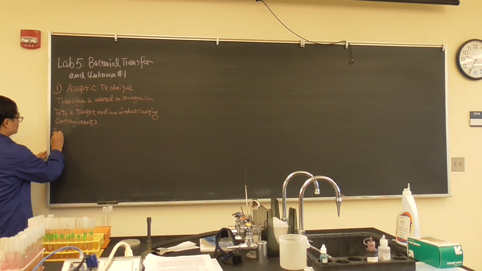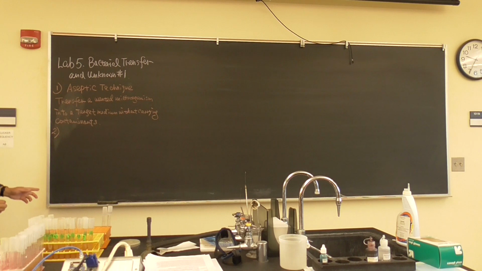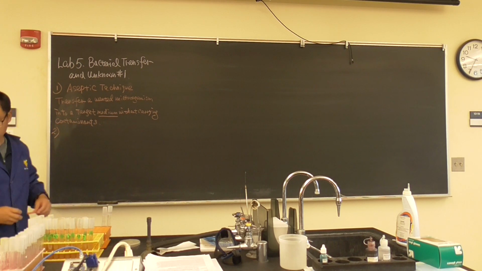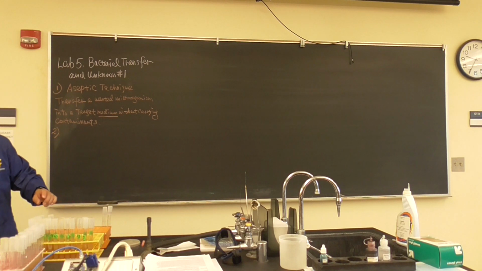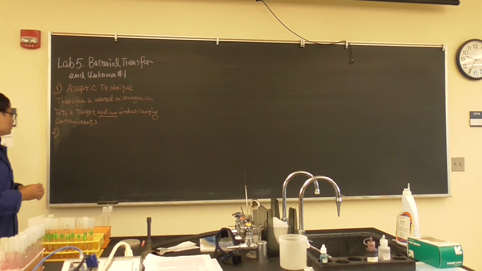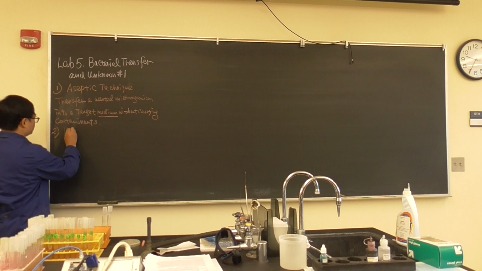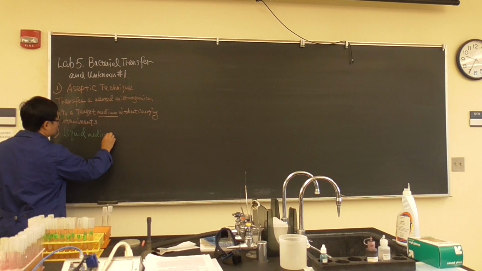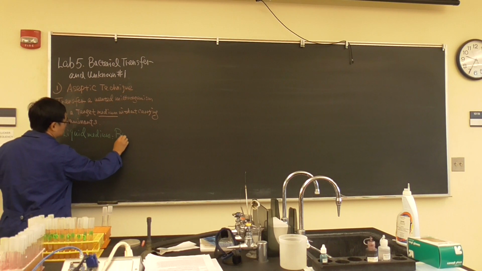The second thing, we want to introduce what types of medium we will have. We mentioned them in the lecture, but here we'll talk about them in a little more detail. We have a liquid medium, which is broth.